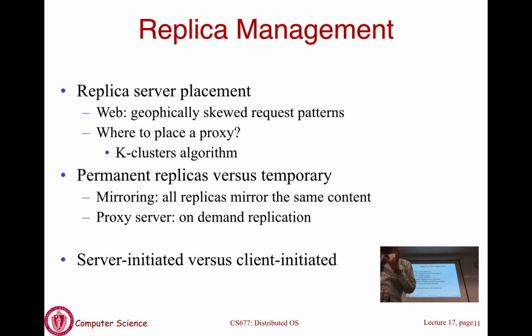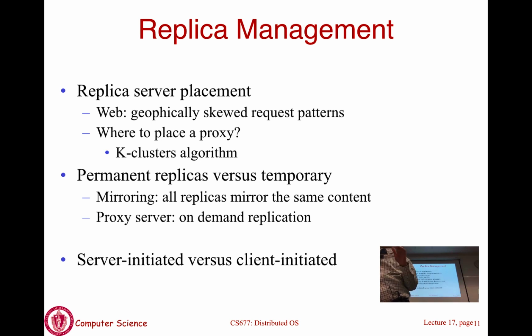Okay. So there are many of these design choices. Are you going to do this on demand or not? Are you going to do this server initiated or client initiated? How are you going to figure out where to put your replicas and so on? So when you have these larger distributed systems, you have to think about all of these issues that come under this umbrella of replica management. This is not so much about how you are going to do reading and writing.